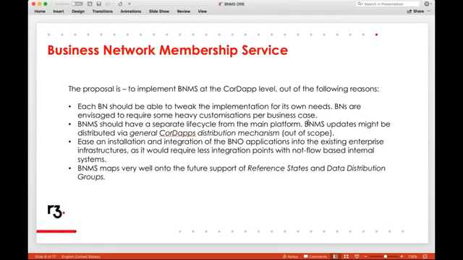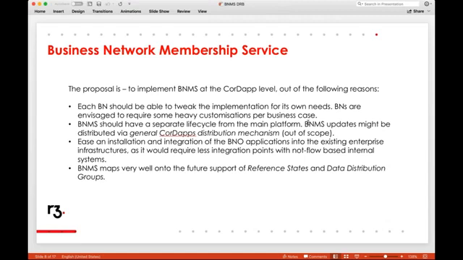The business network membership service might have a completely separate life cycle from the main platform. And again, the actual people who are running the network should be able to tweak the implementation to fulfill their own needs. Another reason is the ease of installation and integration of this application into existing enterprise infrastructures.